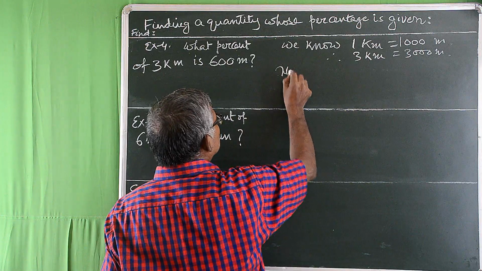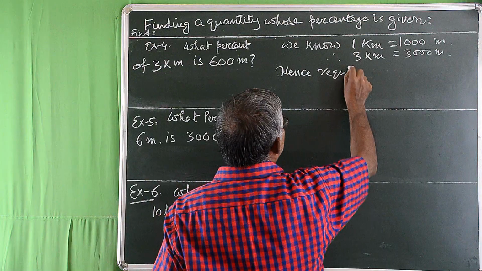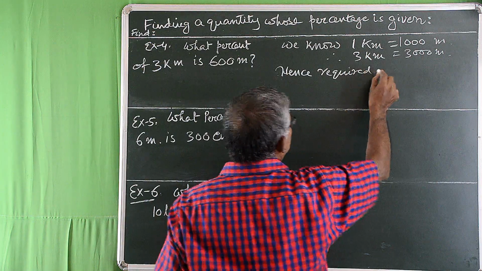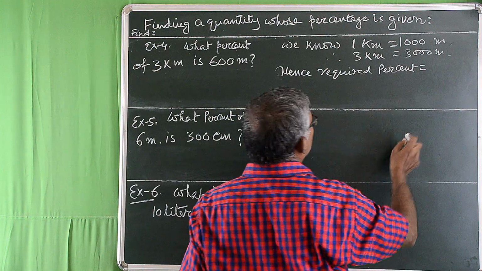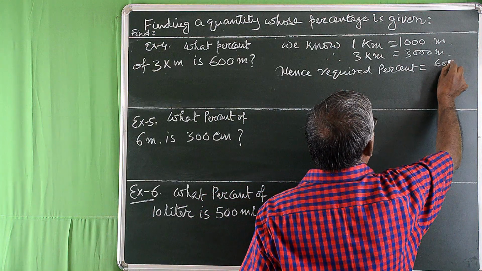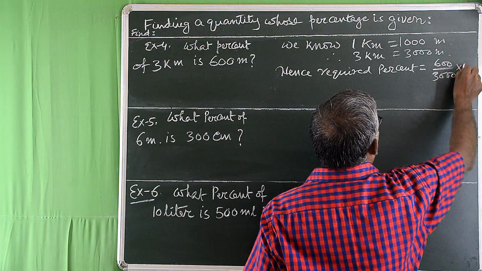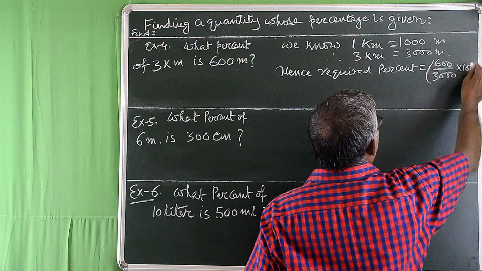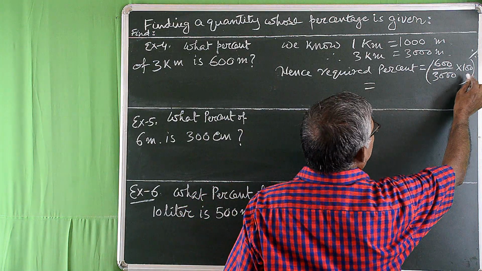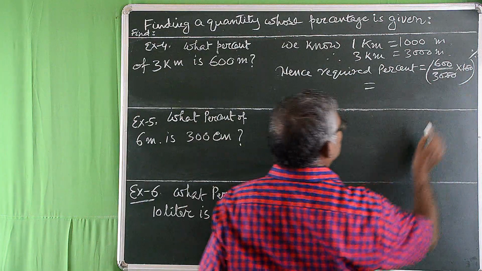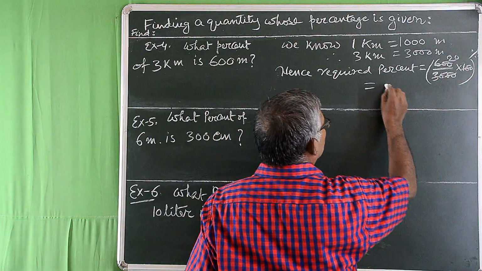Hence required percentage equal to 600 by 3000 into 100%, that is 20%.